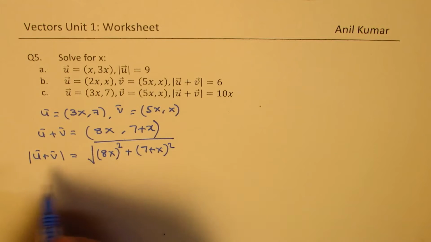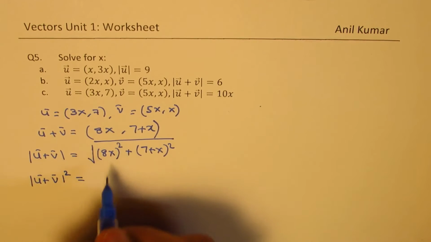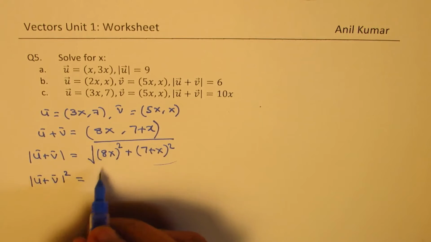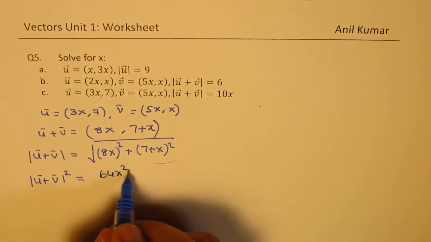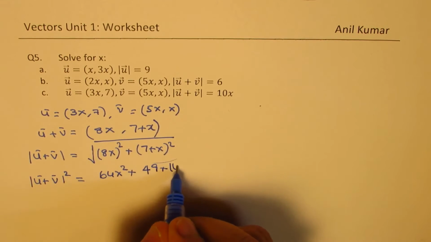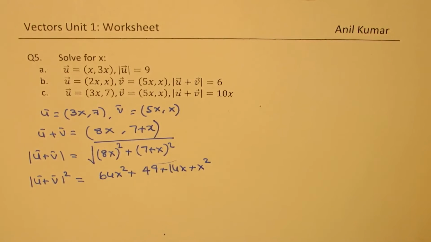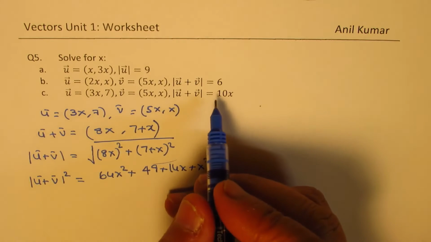Now it's a good idea to also write this as the square of this magnitude, right? Equal to all this. So let me write this as 64x squared plus, let's expand this, 49 plus 2ab, which is 14x, plus x squared. The magnitude is given to us as 10x, right?